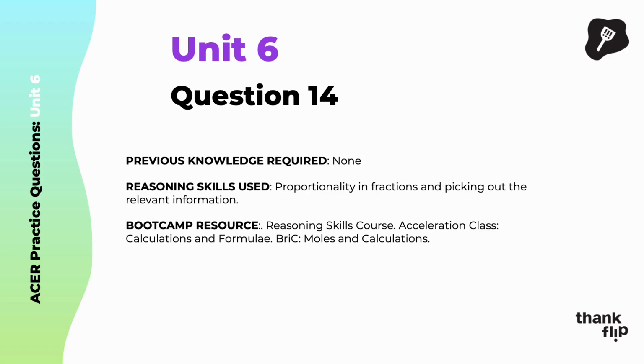So this would require the skill of being able to scan the stimulus initially just to know where the information is, then read through the question and go back and find that important information and ignore the rest of it. You also needed to know about proportionality.